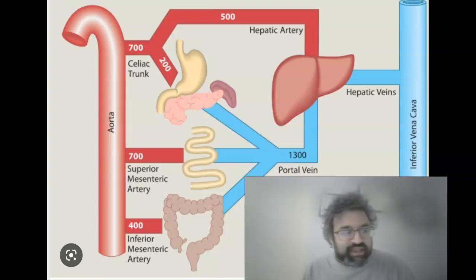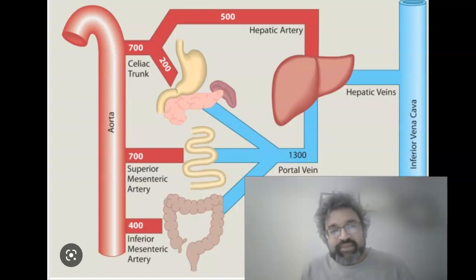So the aorta actually has quite a few arteries coming off of that. The celiac artery is actually the first artery, and then the superior mesenteric and inferior mesenteric. The branches of the celiac artery and superior mesenteric artery are working together.